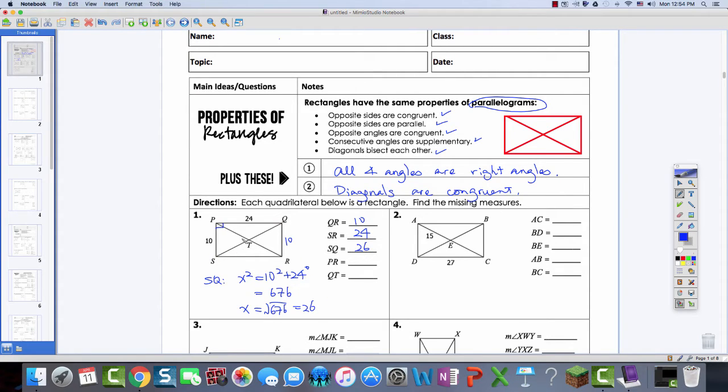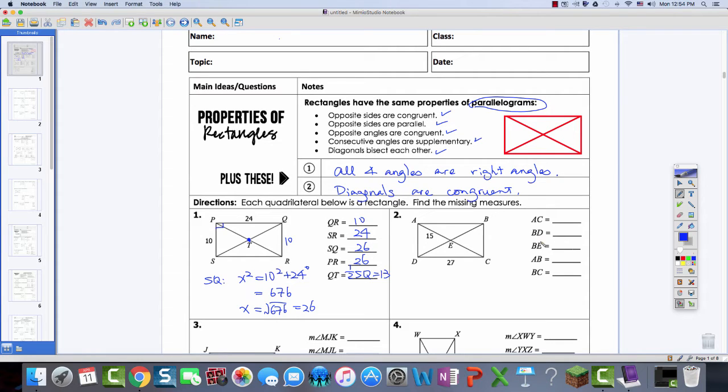If SQ is 26, PR must be congruent to SQ, so that's 26 as well. Now, if the whole thing is 26, remember the diagonals bisect each other. T would be called the midpoint, so TQ or QT is half of SQ at 13.